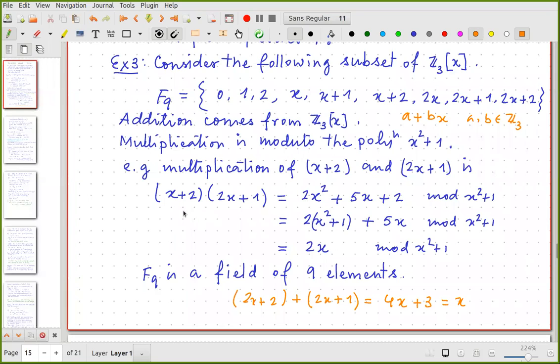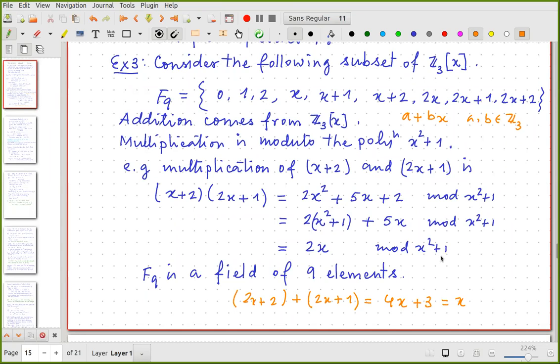By ordinary multiplication, it's 2x square plus 5x plus 2. Collecting x square and 1 from here, it's 2 times (x square plus 1) plus 5x. 5x is 2x because 5 is 2 modulo 3, and the other part vanishes because it's divisible by x square plus 1. So we are reading modulo x square plus 1.